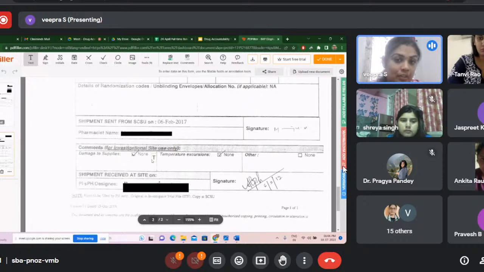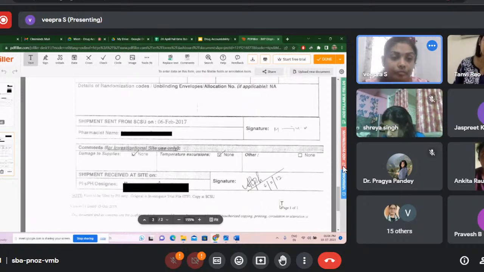They have to give the mark if there is any damage. Then if any temperature deviation happens, or any other important information about it. And the name of the person who received it at the site should be present, and the signature with date is also required. So once you receive the IP along with the IP shipment, this document will be present.